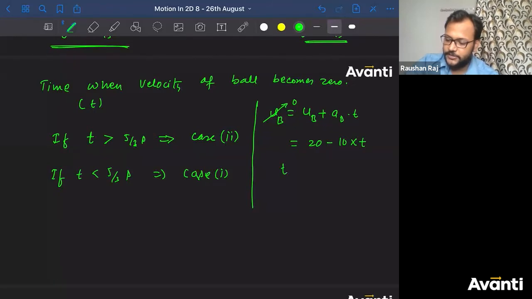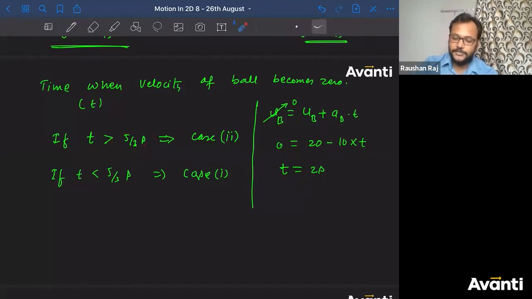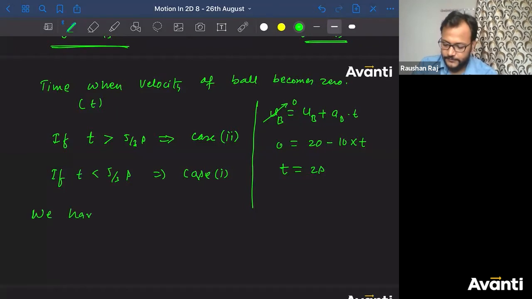So t कितना मिला बच्चा लोग? 2 seconds. So I'll say this time t is 2 seconds. 5 by 3 is 1 point something, right? So I'll say we have t greater than 5 by 3 seconds. Hence, case 2 is applicable.